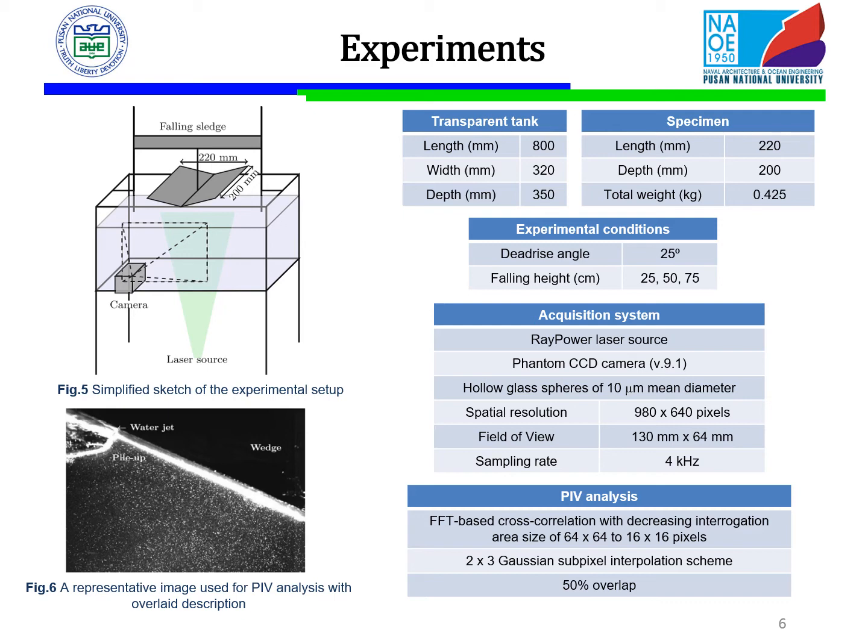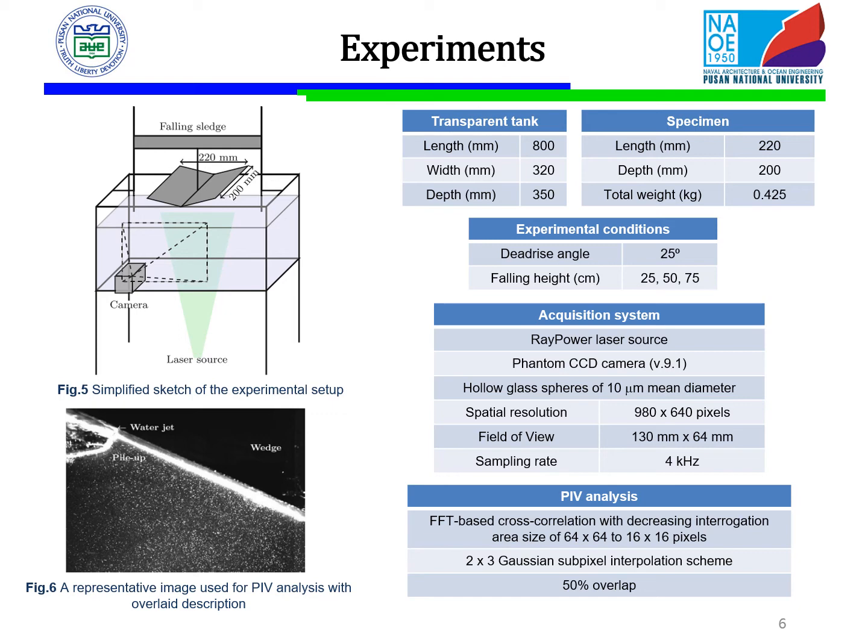The two-dimensional PIV system comprises a laser source and a Phantom CCD camera. The spatial resolution is shown in this table, and the acquisition frequency is 4 kHz. Hollow glass spheres of 10 micrometers mean diameter are used as seeding in the PIV study. The dimensions of the field of view are approximately 130 mm by 64 millimeters.